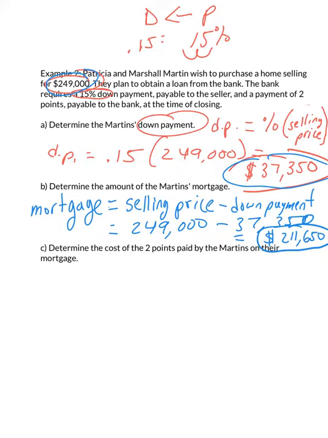And Part C, determine the cost of the 2 points that were paid by the Martins on their mortgage. So remember, usually points are optional.